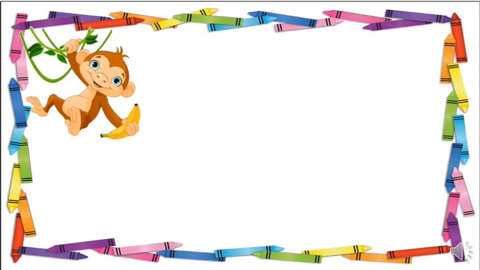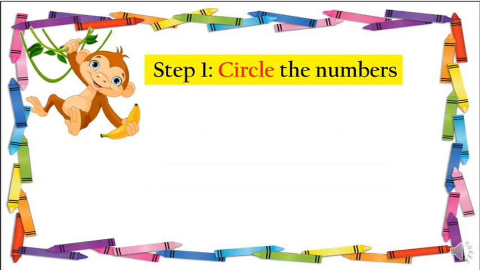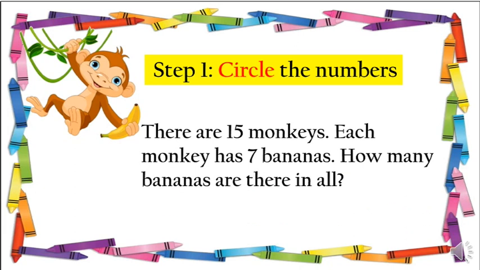The first step is circle the numbers. Let us consider an example. There are 15 monkeys. Each monkey has 7 bananas. How many bananas are there in all?